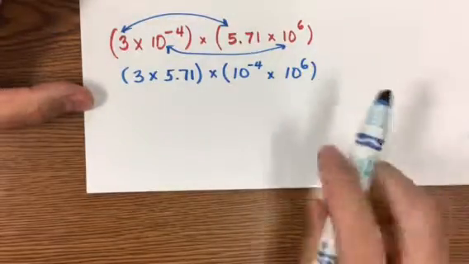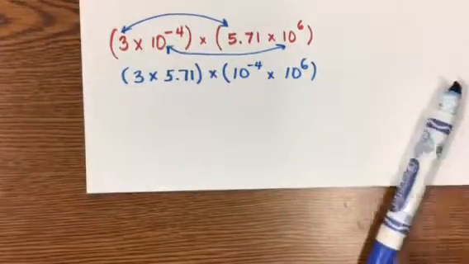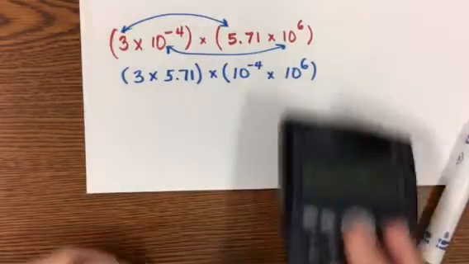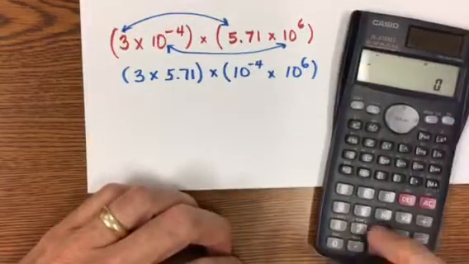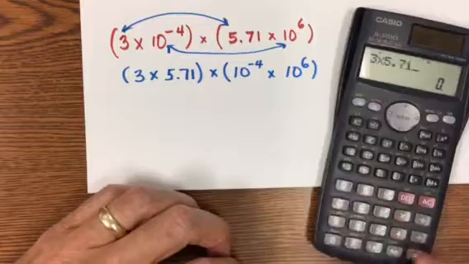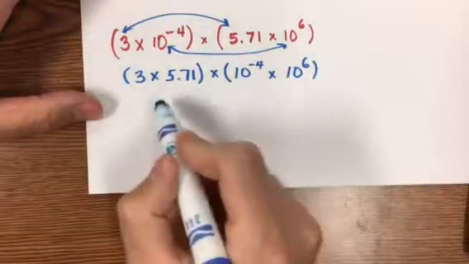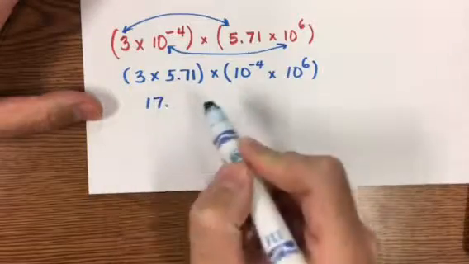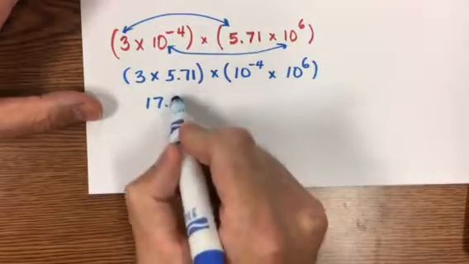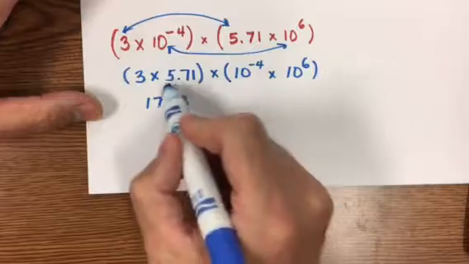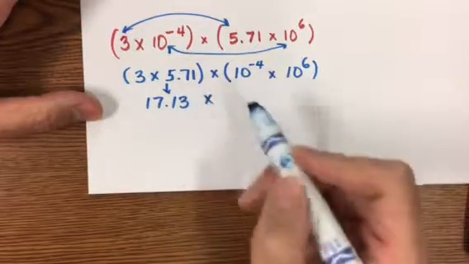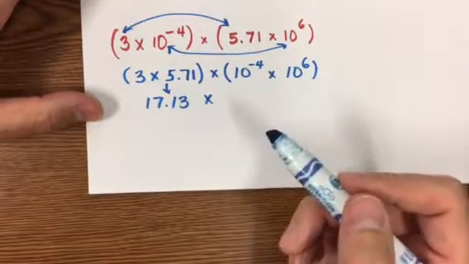Okay, so I'm going to need my calculator, but I don't have one. Yes, I do. Sorry. So 3 times 5.71 should be about 17 something. Okay, so that's going to be 17.13. Now that's that part. Now all I did was regroup, so I'll keep my multiplication symbol.